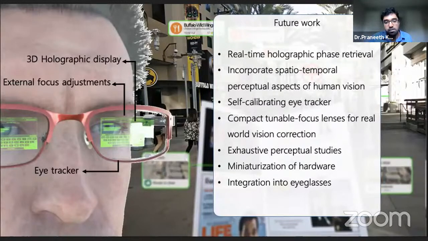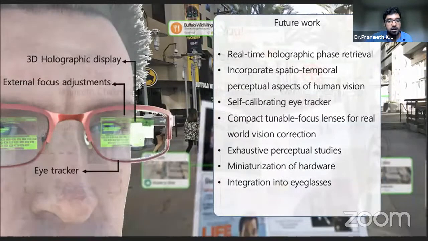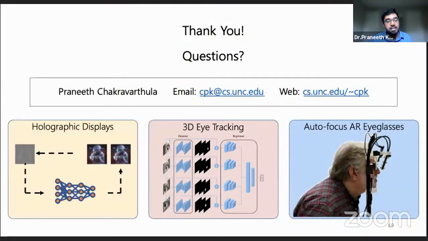So we have a long way to go, but I hope I've convinced you that having these three components, holographic image generation, 3D eye tracking, and autofocus AR glasses, is important for achieving everyday use eyeglasses. And with that, I end here, and I'll take some questions.